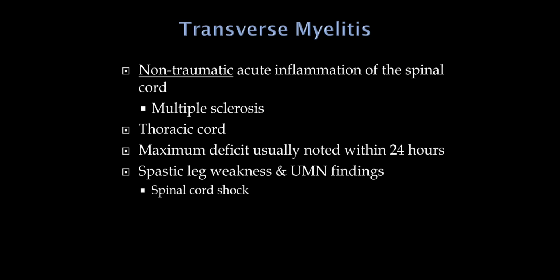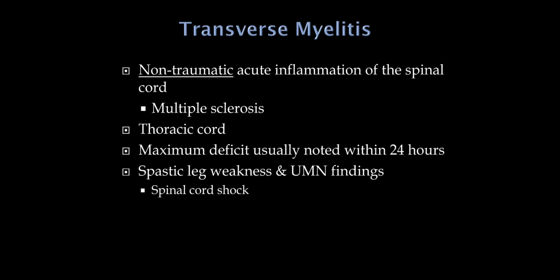However, it's important you've at least heard about this condition called spinal cord shock. This can happen with any acute lesion of the spinal cord, and it's quite common with transverse myelitis. And basically what this describes is that the upper motor neuron manifestations that you expect to see in spinal cord lesions may take a little time to develop. All right, so someone coming into the emergency room with transverse myelitis, and you've done your exam, maybe they're weak and they're numb, like below the nipple level.